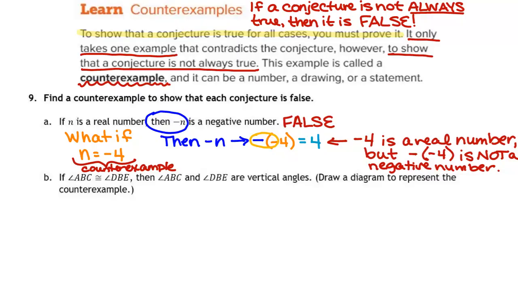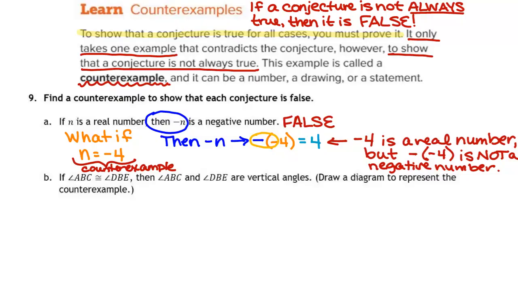All right, let's look at example B. If angle ABC is congruent to angle DBE, then angle ABC and angle DBE are vertical angles. So first thing I want to address is, could I draw a situation where ABC and DBE are vertical angles?